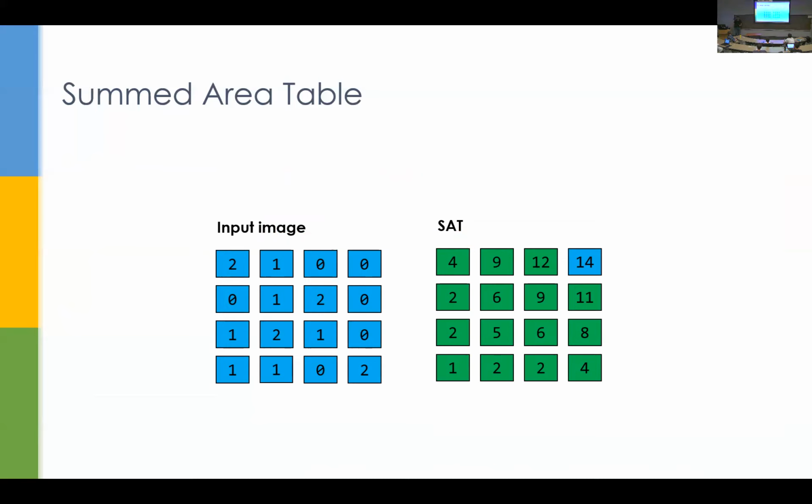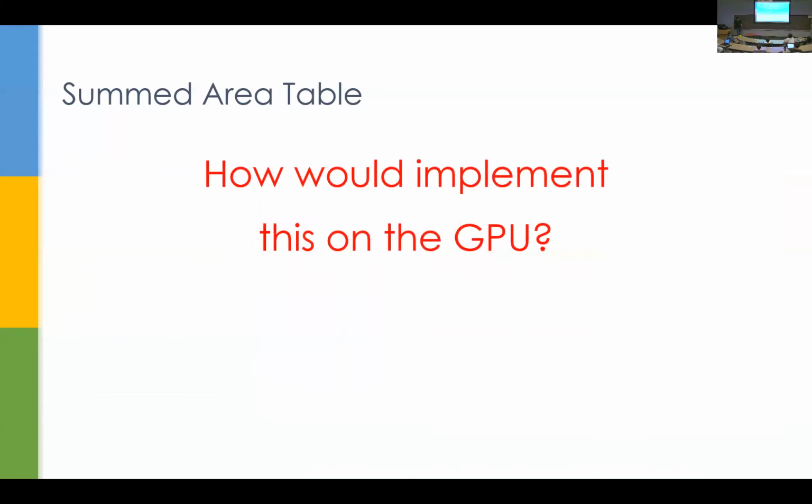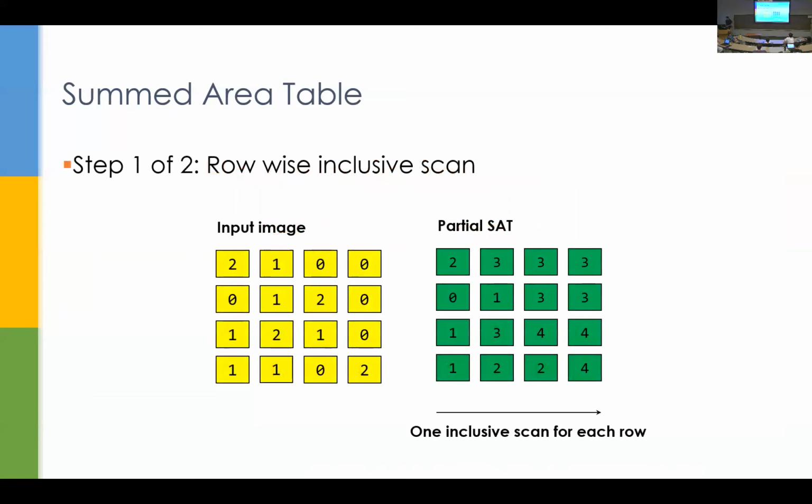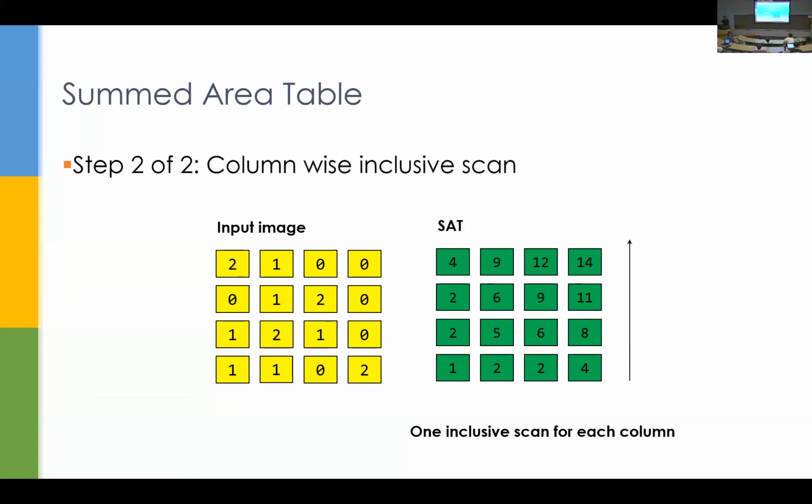Stephen? I knew somebody knew the answer. You do inclusive scan. You do first inclusive scan on each row. Okay. So this is the result of an inclusive scan on each row. Make sure you verify it. And then you do inclusive scan on each column. And you get a summed area table. That's it.